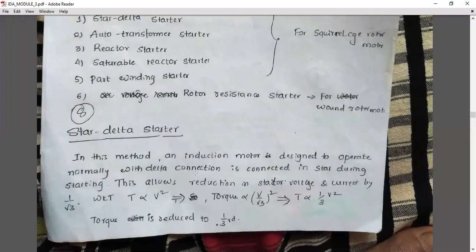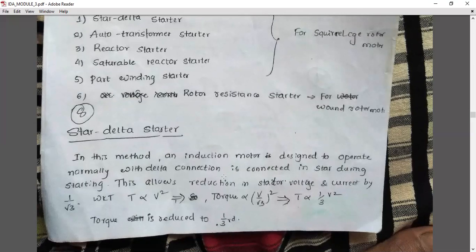When you connect in star fashion, there is a relation between line voltage and phase voltage: phase voltage is equal to VL by root 3. So the phase voltage is less than the line voltage, and the current decreases proportionally. To reduce the starting current, the motor is initially connected in star.